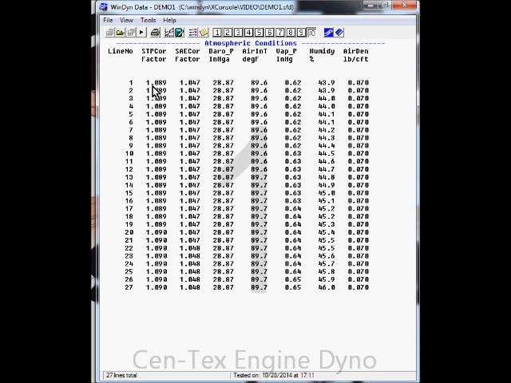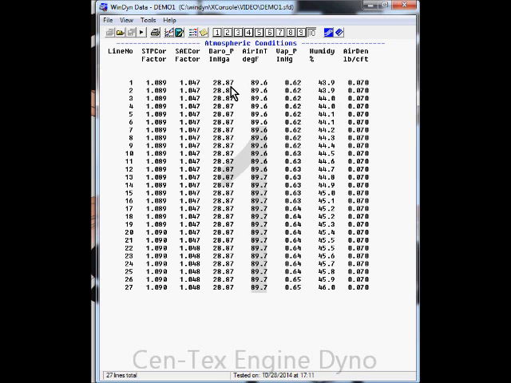And the first one is the STP, or the J607 correction factor. Like I said, it was 1.089, and the reason how they come up with that number is the J607 correction factor is based on a barometric pressure of 29.92 and 60 degrees air temperature, vapor and zero humidity.